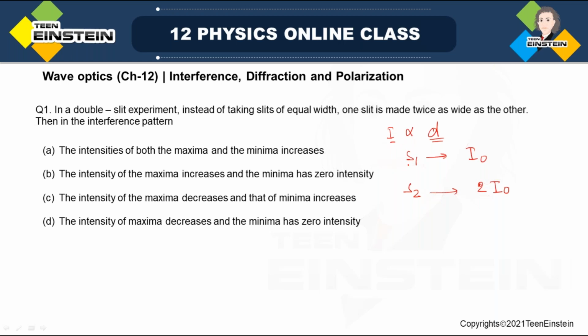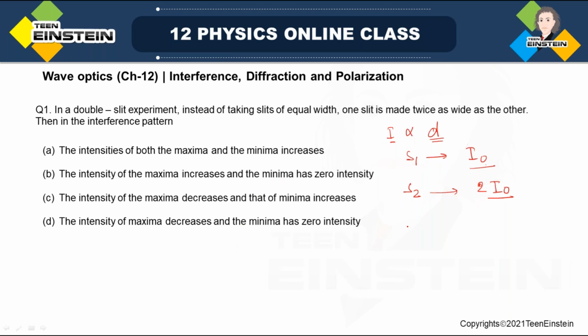Now in my experiment, I have two coherent sources. One is sending light of intensity I0, another one is sending light of intensity 2I0. This is the difference. Now what happens in case of the maxima?